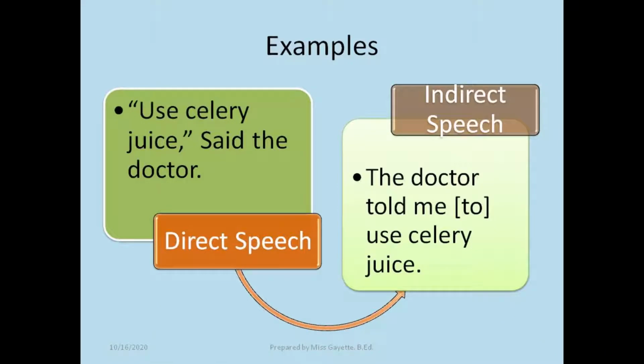Now the comma is used to separate the words spoken from the tag in the sentence. Let us look at the indirect speech. The doctor told me to use celery juice. Notice to was used to form the infinitive verb in the reported speech. There is no quotation mark.